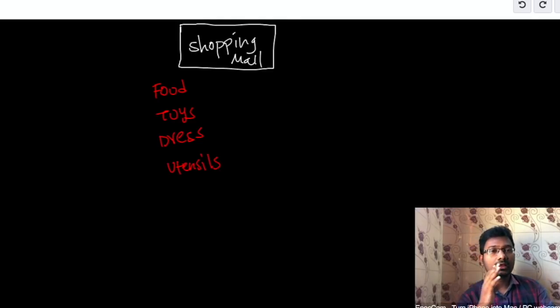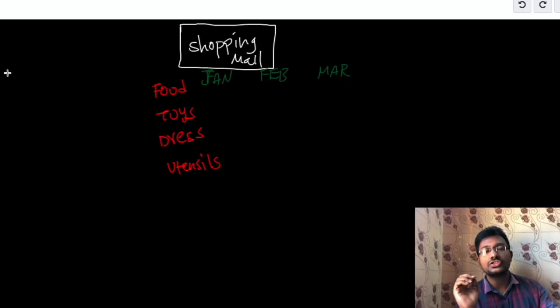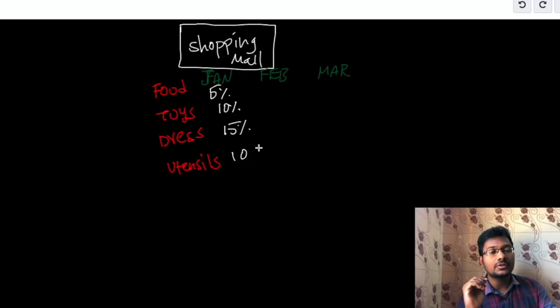Let us consider a scenario where a country changes the tax percentage for each category every month. Let us consider 3 months: Jan, Feb, and March. So that country changes the tax percentage each month. For example, if that country decides 5% tax for food products for Jan month, 10% for toys, 15% for dress, and 10% for utensils.